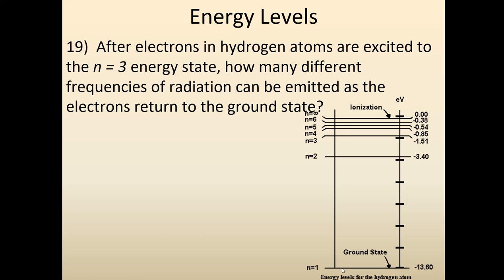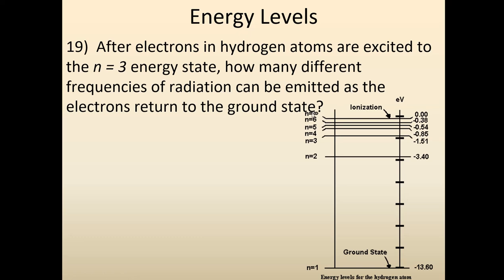The electrons don't always have to take the immediate straight path to the ground state. While they will eventually reach the ground state, they could always take a scenic route where they stop off at other energy levels.